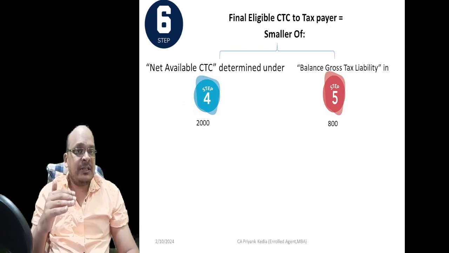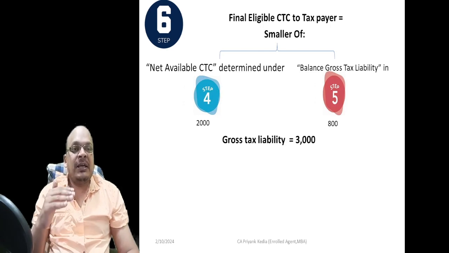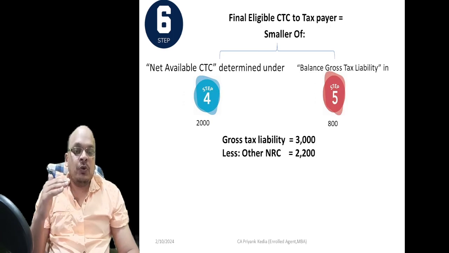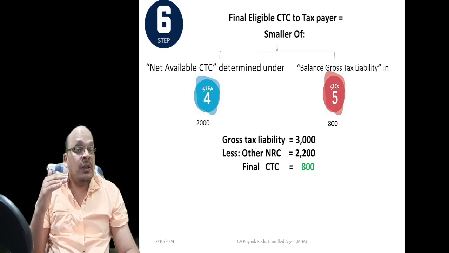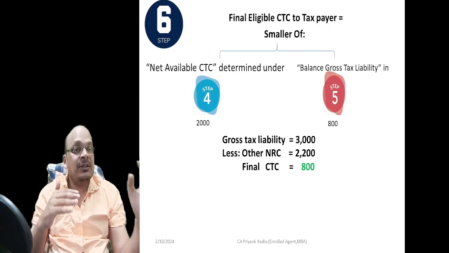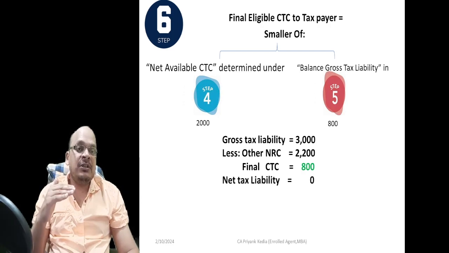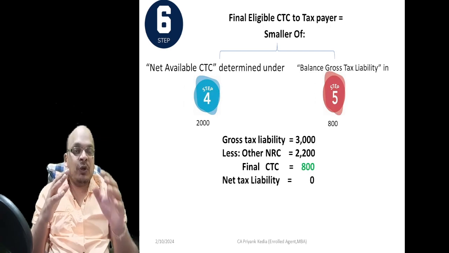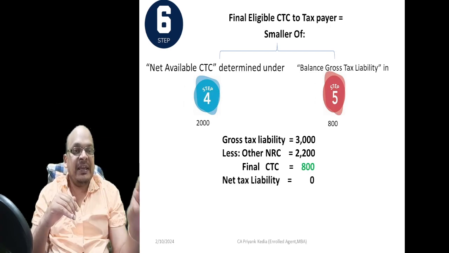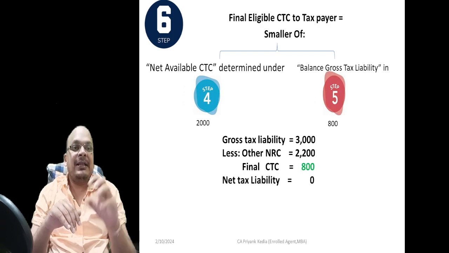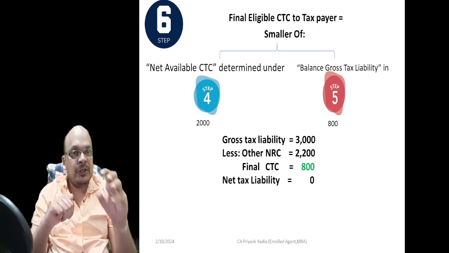Our balance gross tax liability was $800, and we know the smaller of this is allowed as child tax credit, right? So gross tax liability $3,000. What we did was we reduced the other non-refundable credits $2,200. Then we reduced the available child tax credit, which because of step 6 will come out to $800. So your net tax liability will reduce down to 0, right?